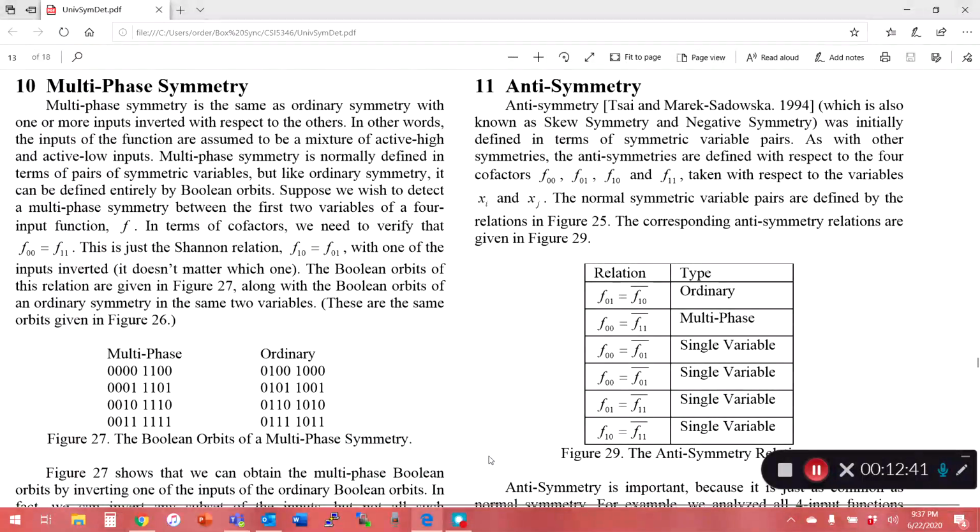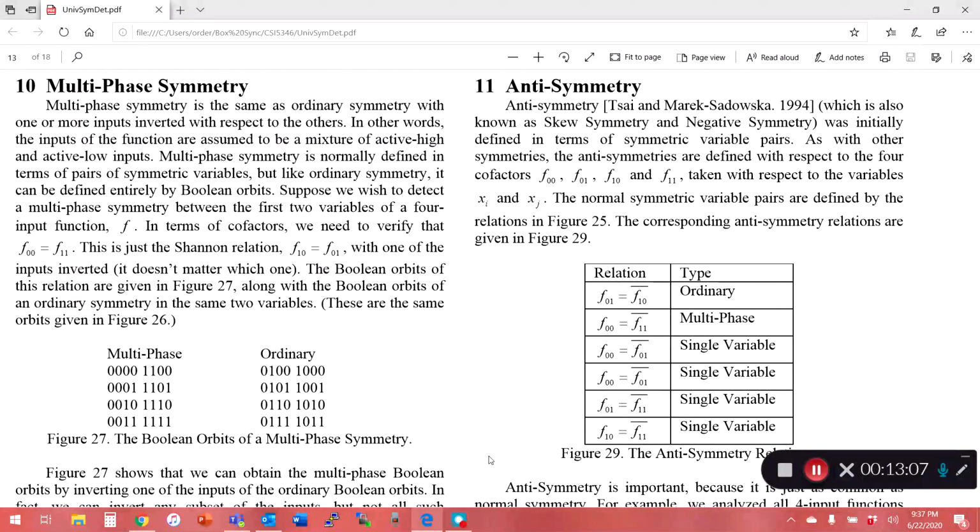Anti-symmetry. We looked at one way to express that. We take the XOR of 2 cofactors. If it's equal to the 0 function, then they're equal. If it's equal to the 1 function, we say that we have an anti-symmetry.